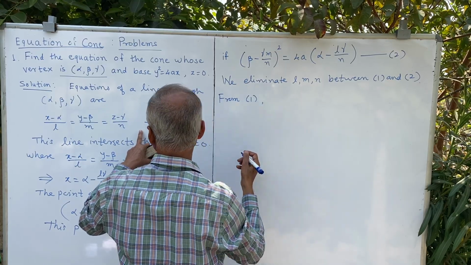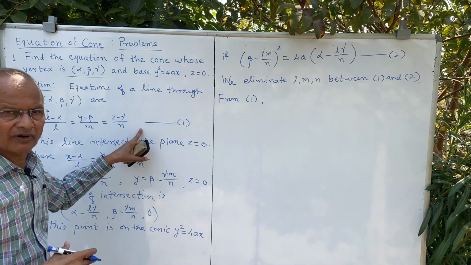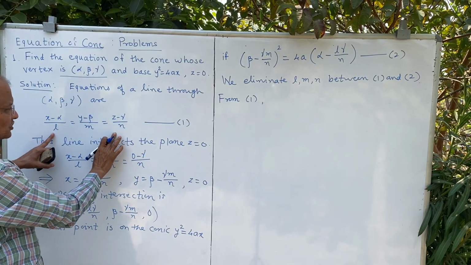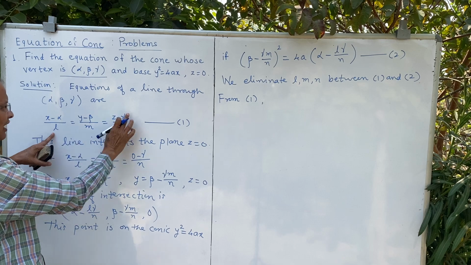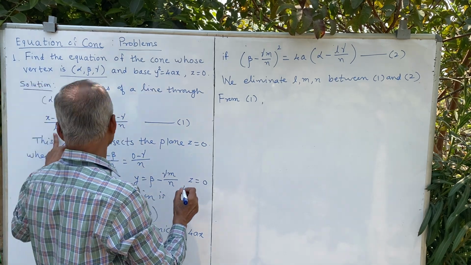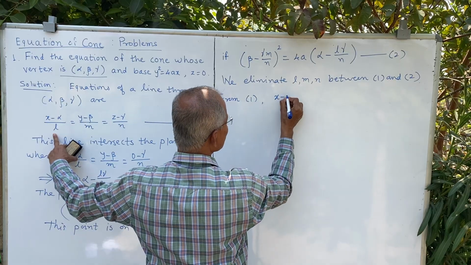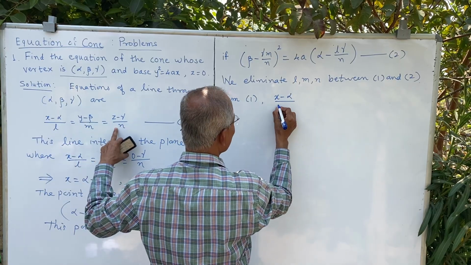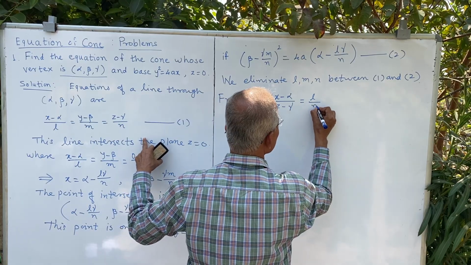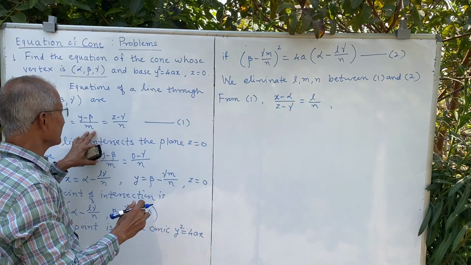From equations 1 we will get the values of the ratios. Equate the first ratio and the last ratio, and transfer L to this side and z minus gamma to the left side, and that will give (x minus alpha) divided by (z minus gamma) is equal to L upon N. Equate the second and third.